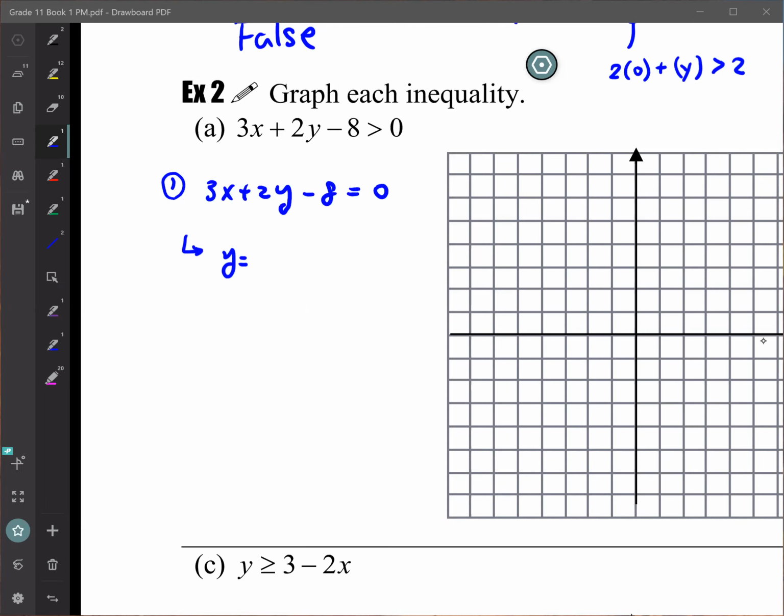Okay, Jiawen, what's your slope y-intercept form? Y equals 3 over 2x minus 4. Like that? Yeah, okay. Anyone else got different? Everyone has the same?